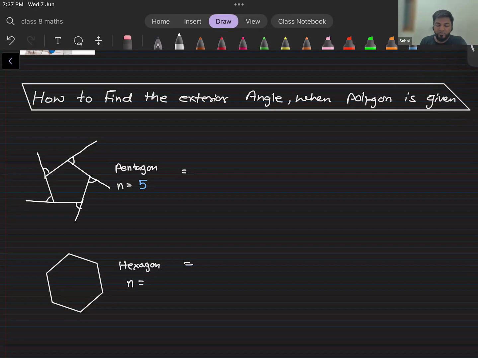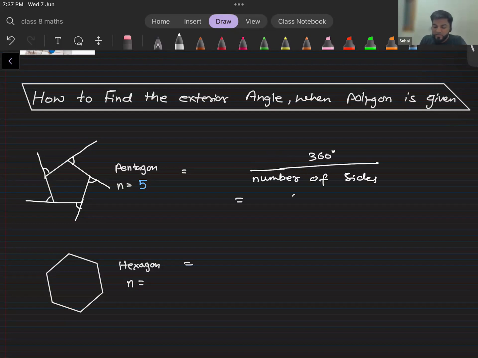As we know, the sum of all the exterior angles of a polygon is 360 degree. Sum of all the exterior angles of a regular polygon is 360 degree. And if you see in this pentagon, how many sides are there? 5. So if we divide 360 degree by the number of sides in the given polygon, will we not get each exterior angle?